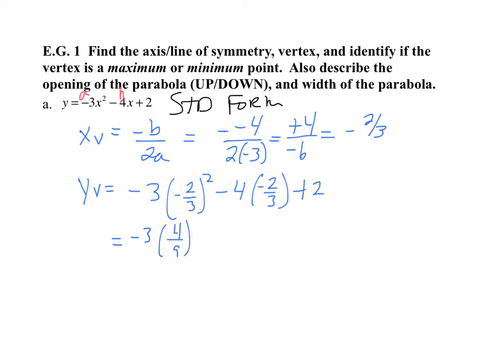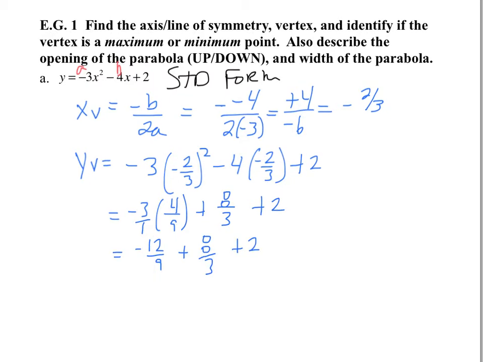And then when you multiply these out here, you're going to get negative 12/9 plus 8/3 plus 2.